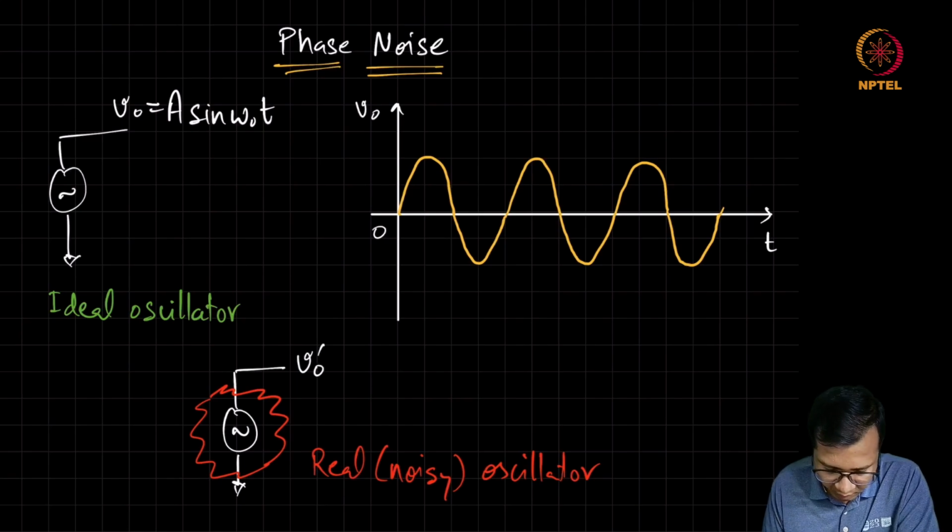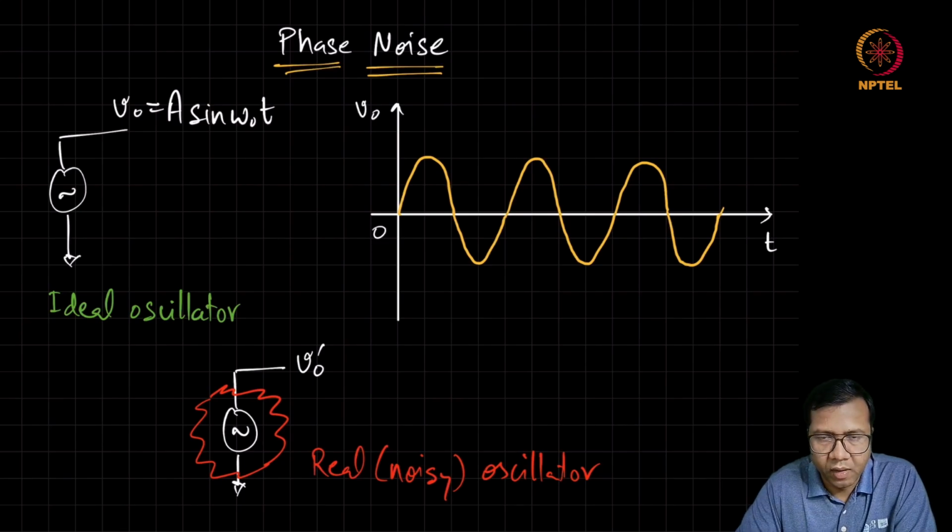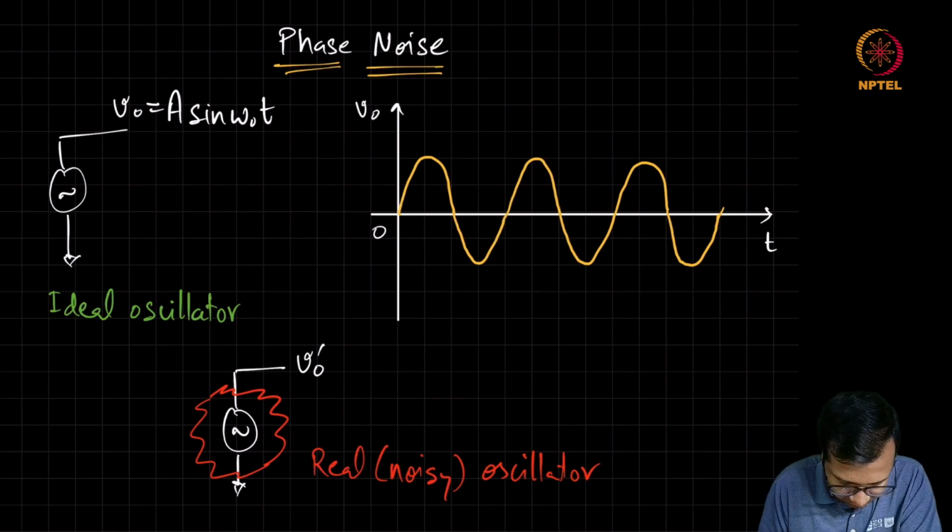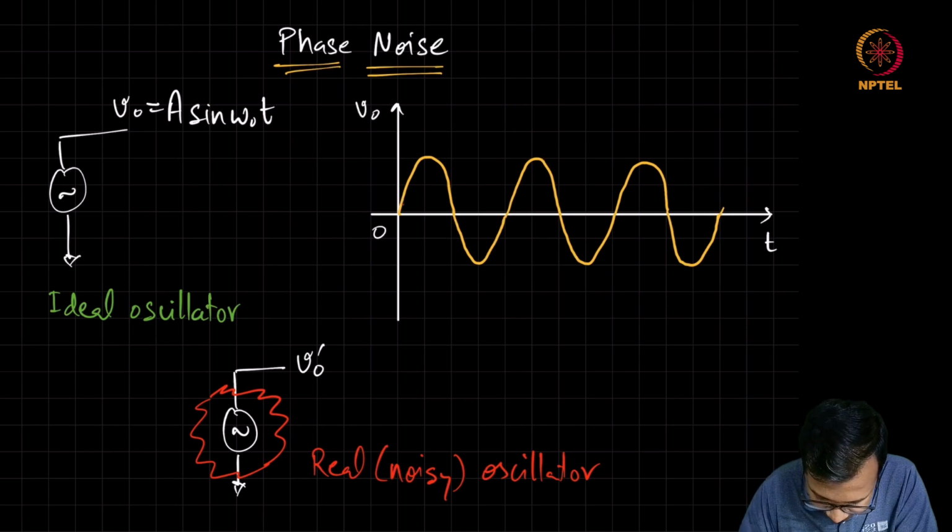If we try to observe the output voltage waveform VO dash with time, because of this noise the output waveform will not exactly look like that of an ideal oscillator, but it will have some noise riding on top of the expected output.